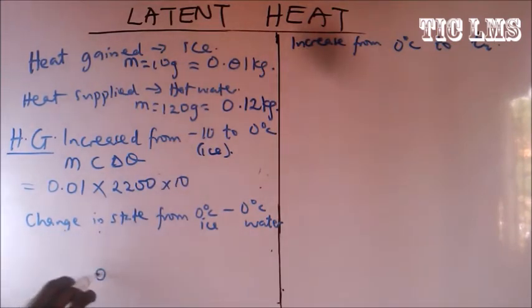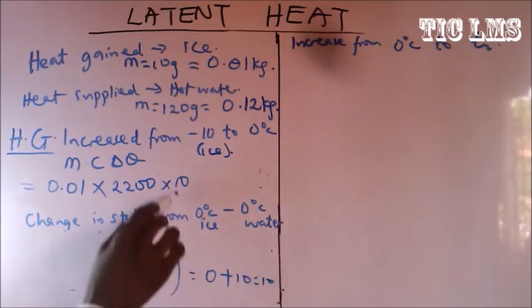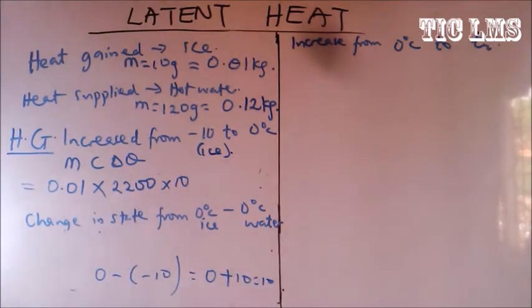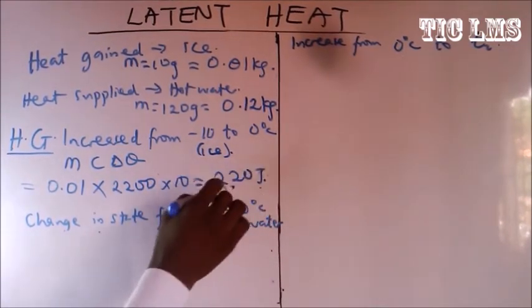It's 0 minus -10, which is 0 plus 10, and that is 10. When you multiply these, you would have 220 joules of heat.